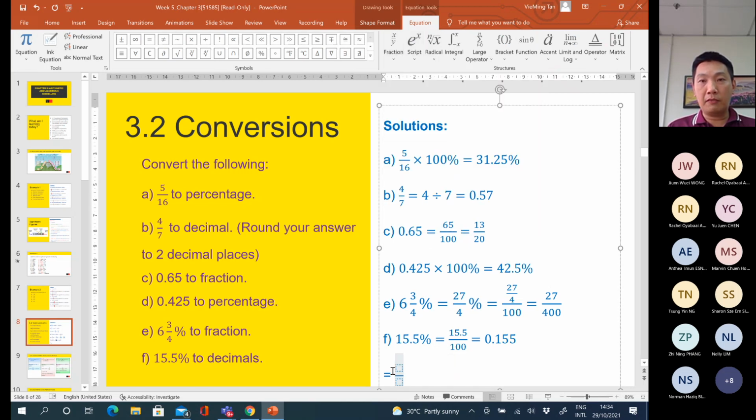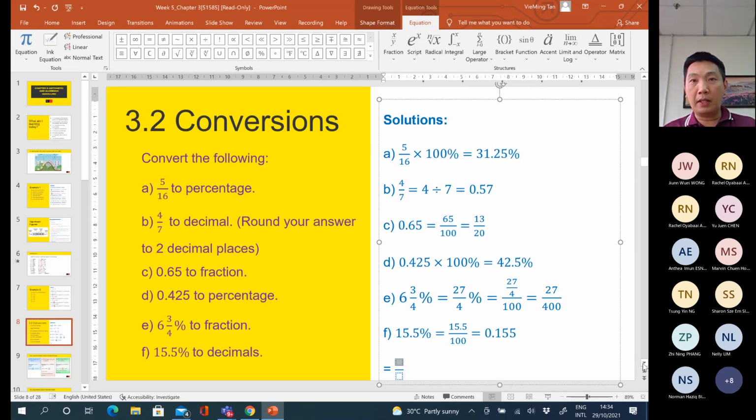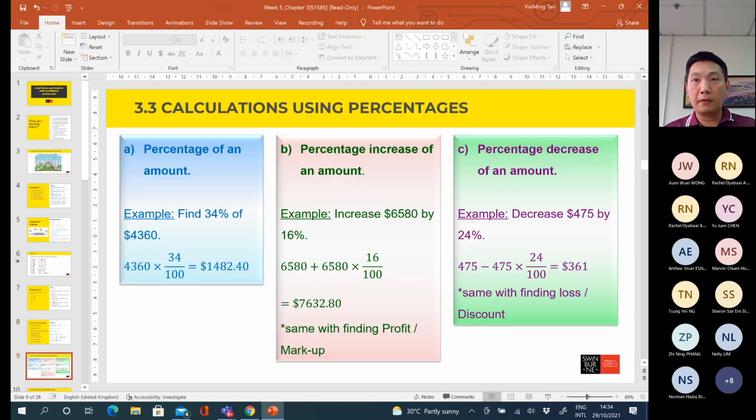Once you reach here, you can try to simplify again into fraction number.